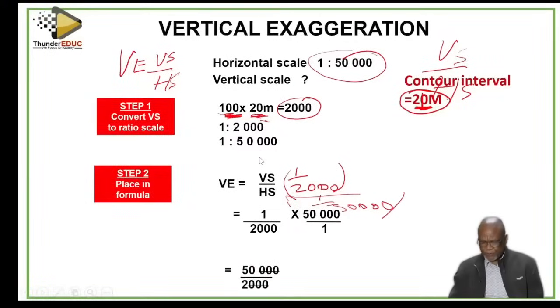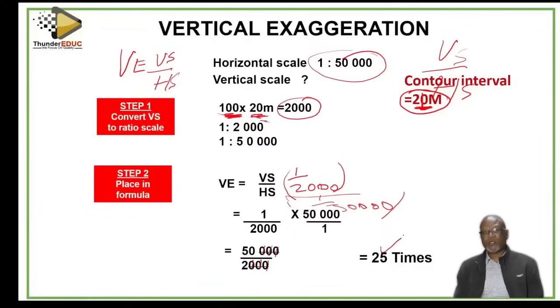So you get 50,000 divided by 2,000. You simplify by cancelling the 3 zeros against the 3 zeros, then you have 50 divided by 2. How many times does 2 go into 50? It goes 25 times.